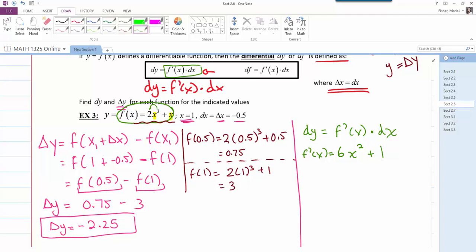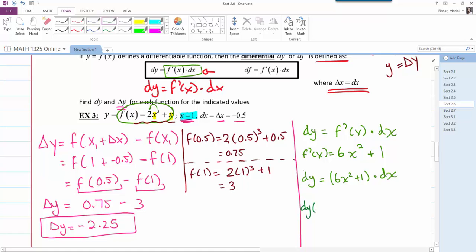So then, what I need to do is say that dy is equal to f prime of x, which is my 6x squared plus 1, times my dx. Well, what is that equal to? Well, what is the value of x that I'm looking at? The value of x that I was given was x equal 1. So now I want to evaluate dy when x is equal to 1.